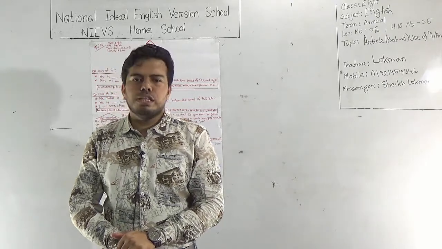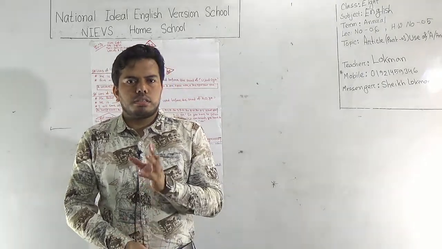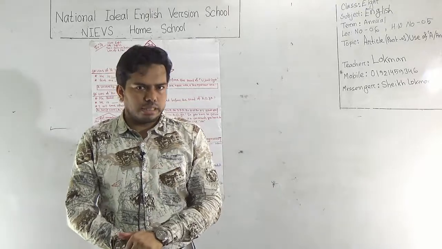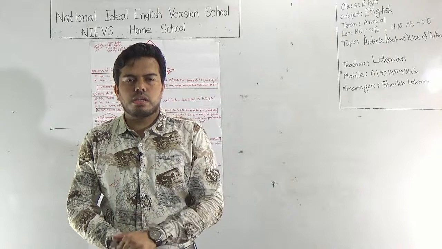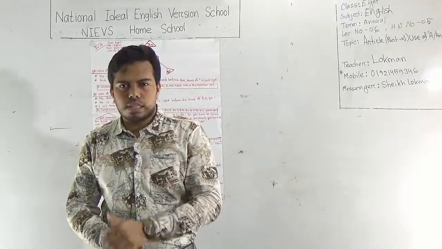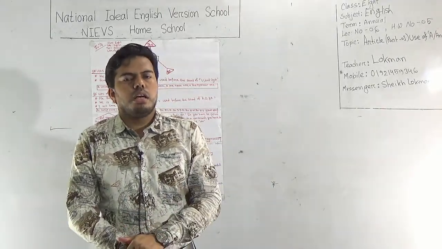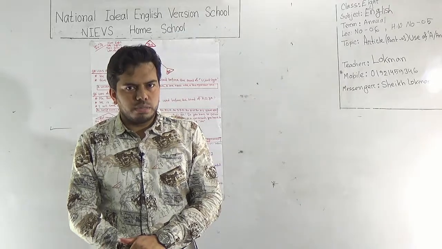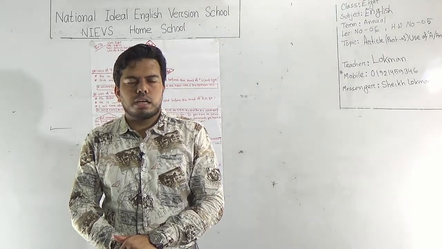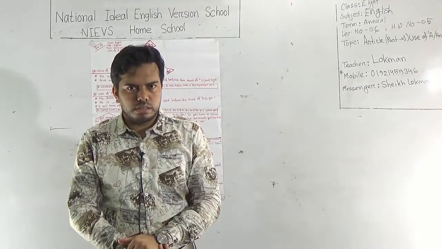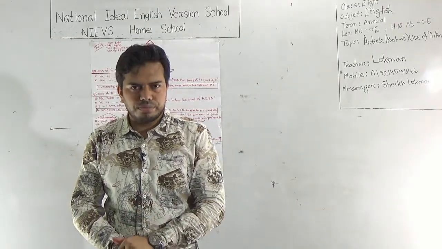First of all, many of you think about the consonant and vowel letter: if there is a consonant letter before the word, we should use a; if there is a vowel letter, then we should use an. But I think it's not an easy topic and it is very confusing. So I need to clear it today.